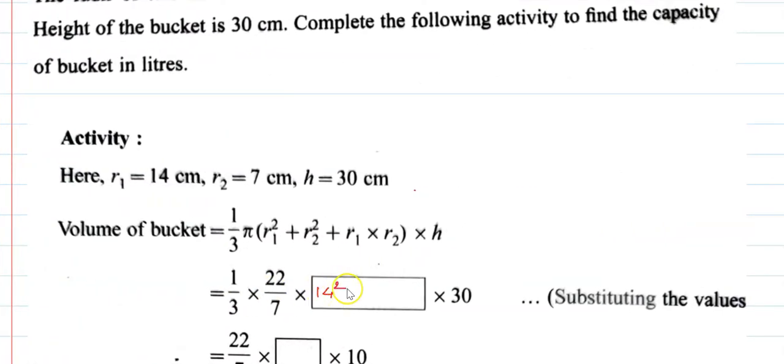First we write 14 square. R2 square means 7 square. R1 into R2 means 14 into 7, into 30.